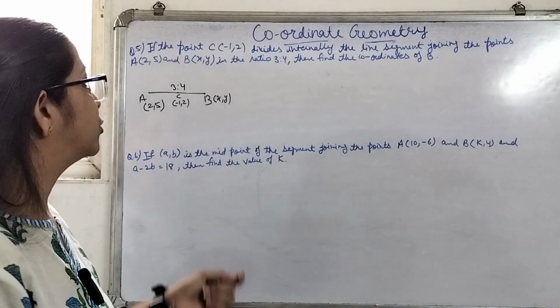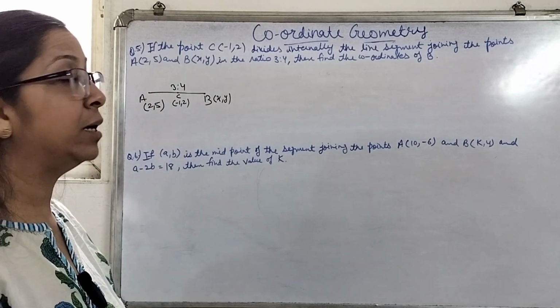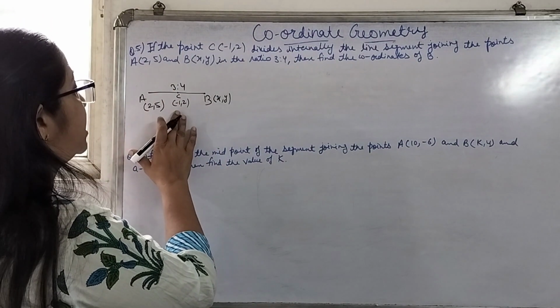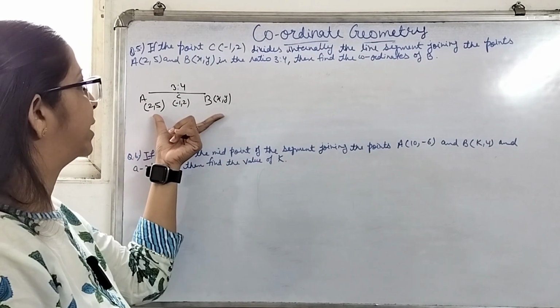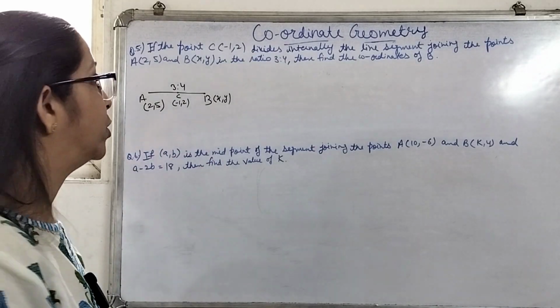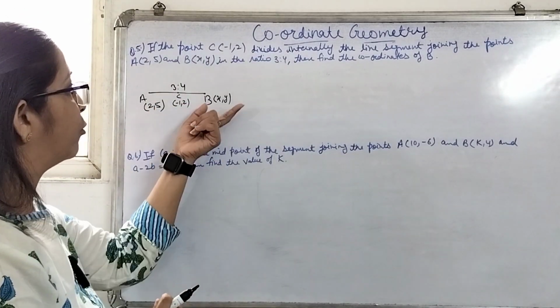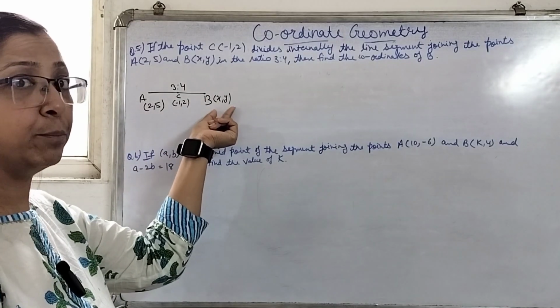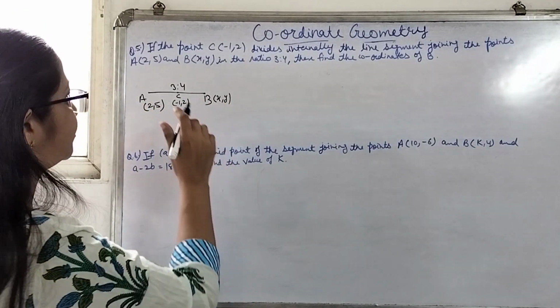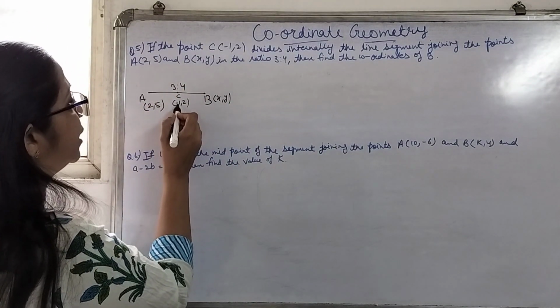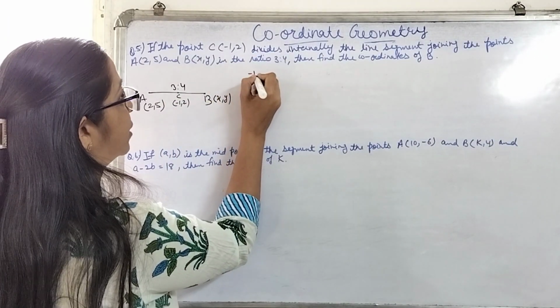So just now we have seen the section formula by which we can find the coordinates of the point which is dividing the line segment into the given ratio. Now over here we are already having the coordinates of this point. So how we will be finding the coordinate of this point B, that is your x, y. See the x coordinate of C, that is your -1.